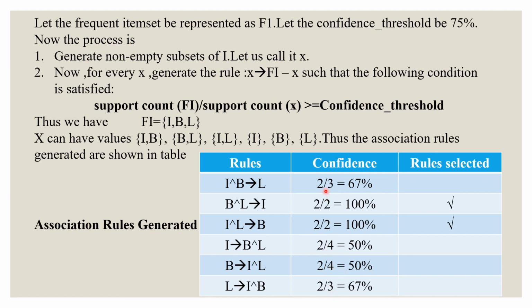By calculating this we get 67%, 100%, 2 divided by 4 is 50%, and 2 divided by 3 is 67%. Why we have written this symbol: it is 100% because it shows a strong relationship. The association rule generates only these two values as strong association, and the leftover are weak association. Only these two are strong association. This is all about pattern mining.